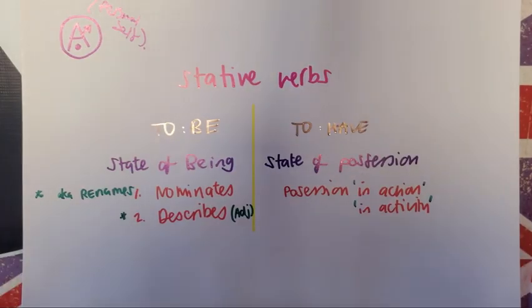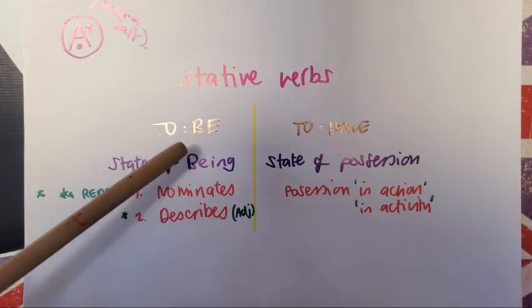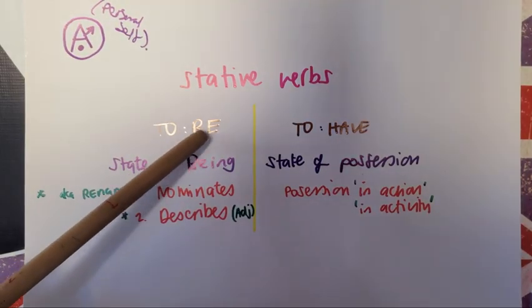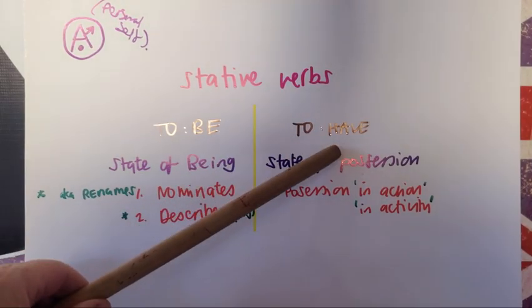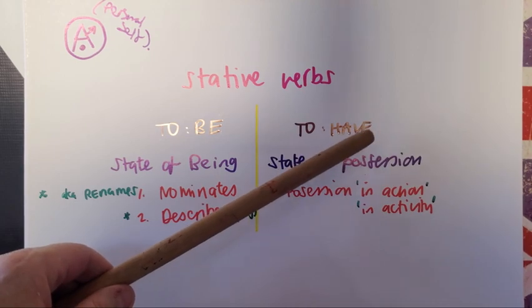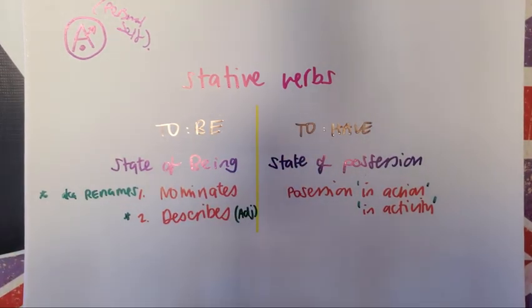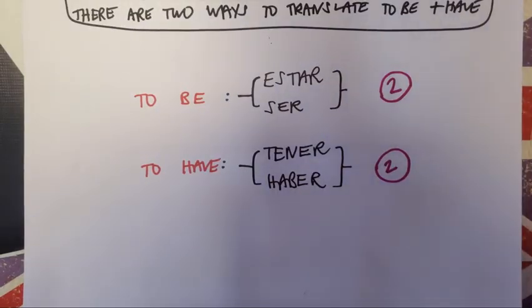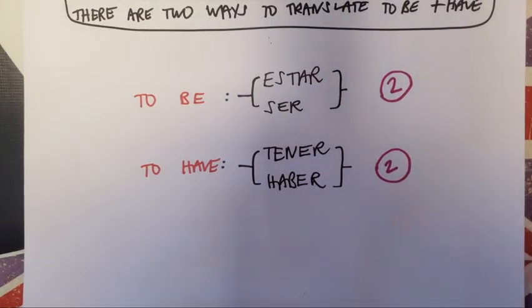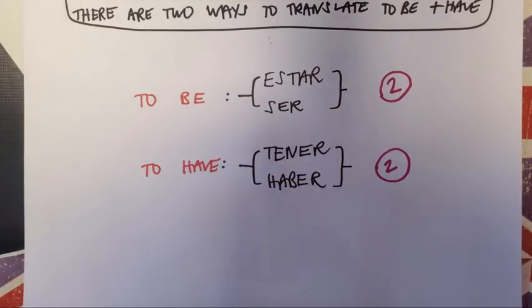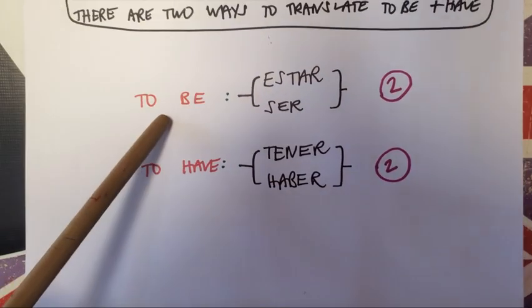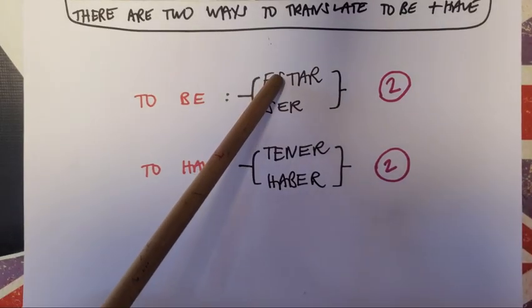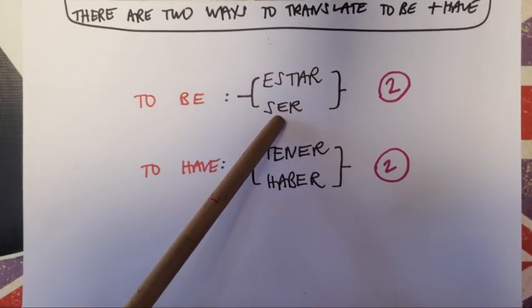Now, in Spanish, there are two words to translate to be, and there are two words to translate to have. Are you with me? And the two ways are, finally got to some Spanish, estar and ser, to be.